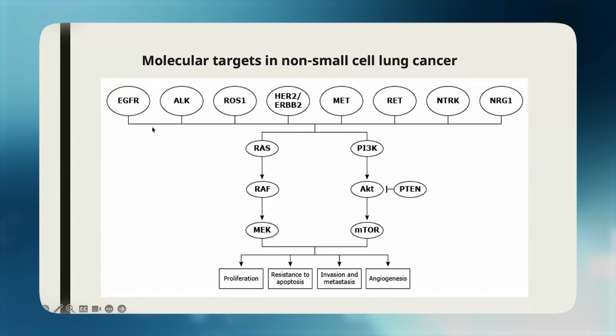If you want to take a picture, you can, but I just kept it so you can understand where the pathogenesis of the different genes and mutations can happen. So the common one is EGFR mutation. Generally the target is mTOR. These are generally in, I think, breast cancer, but can be in non-small cell lung cancer. These are the general molecular targets in non-small cell lung cancer.